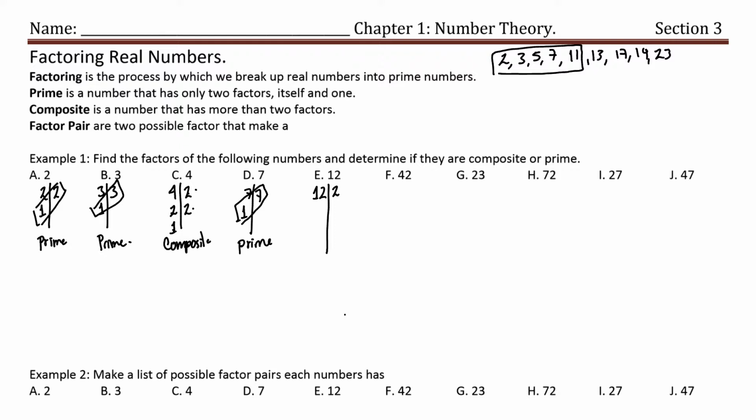So 12 divided by 2 is 6. Then you're going to divide it by 2 again, which gives you 3. Now 3 cannot be divided by 2, so we have to go to the next number on the list, which is 3. When we divide 3 by 3, you get 1. So this is also a composite number because obviously it has more factors. And its factors are 1, 2, 2, and 3. And it has a total of 4. Now making that list is going to be important later on.